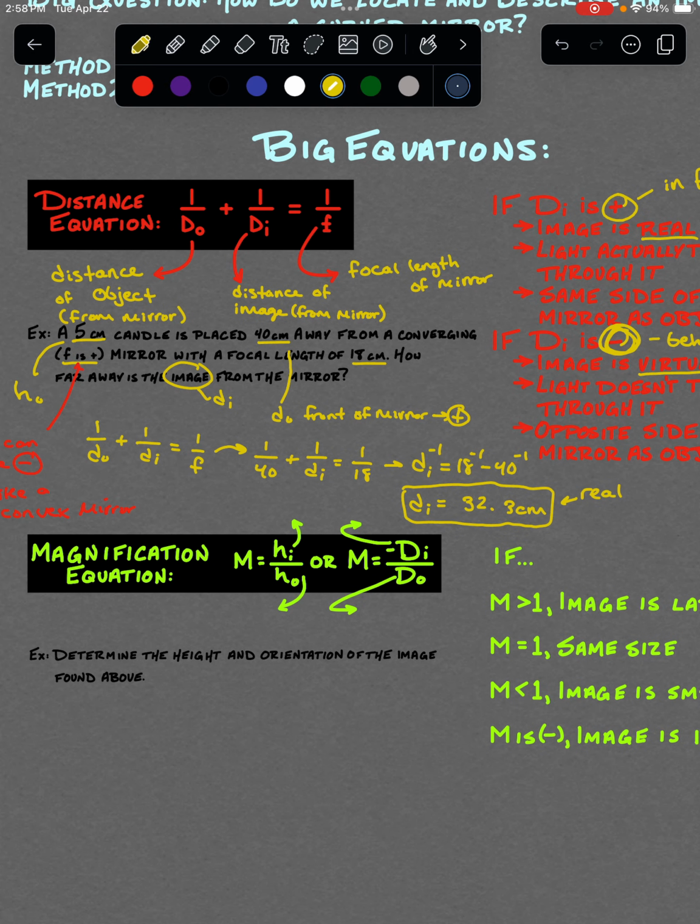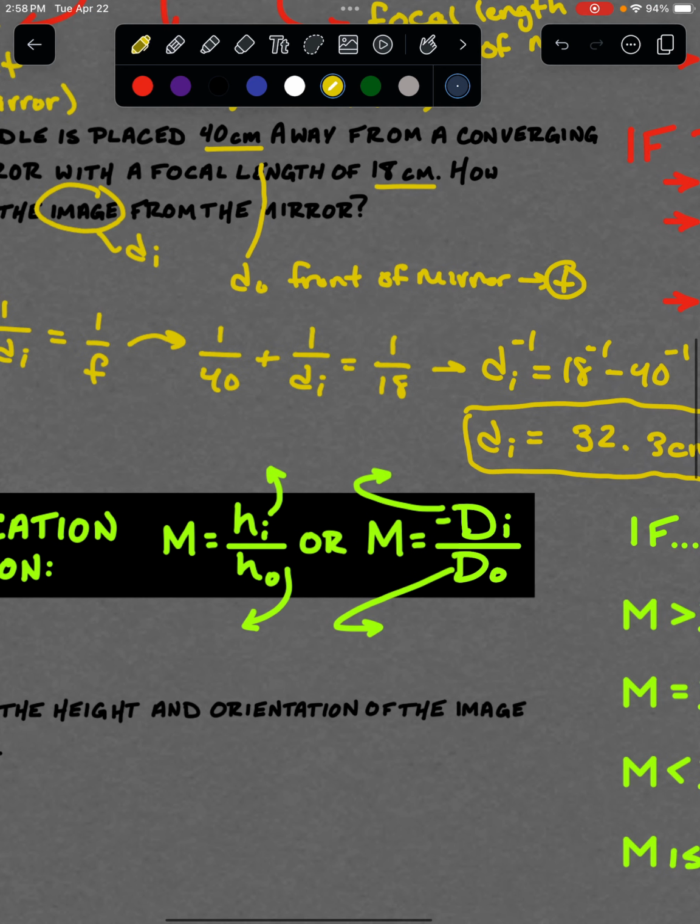Okay, next thing we can do with the mirror math. When we draw those ray diagrams, you can also figure out, hey, is this thing bigger, smaller, or the same size? Did it get magnified at all? We have a magnification equation also. So here's that magnification one. The magnification is equal to hi over ho, the height of the image, how tall my image appears, and the height of the object, the actual height of the object.